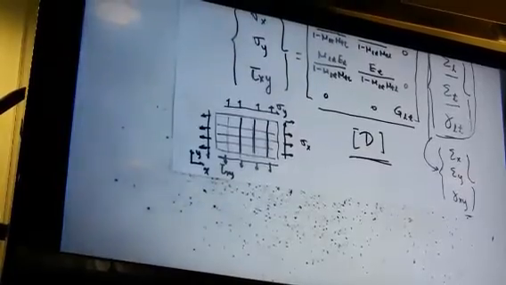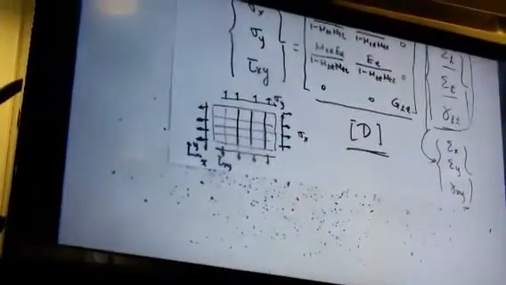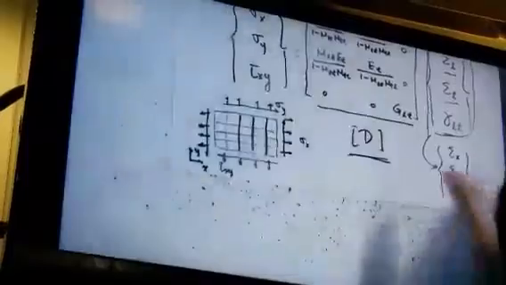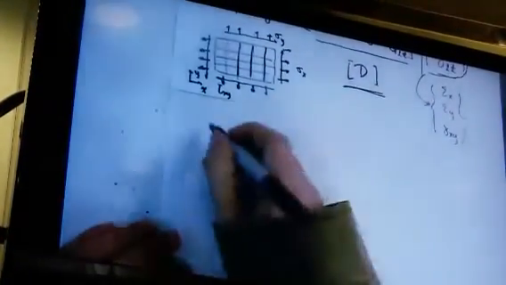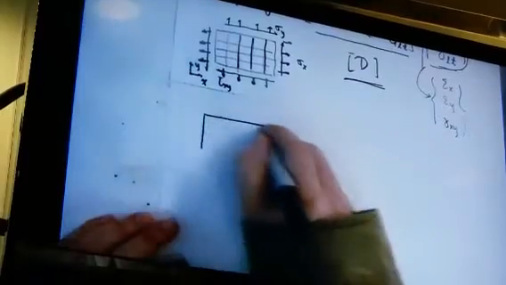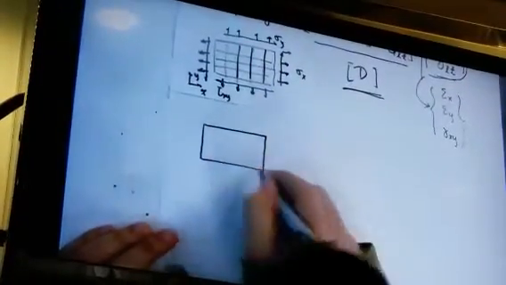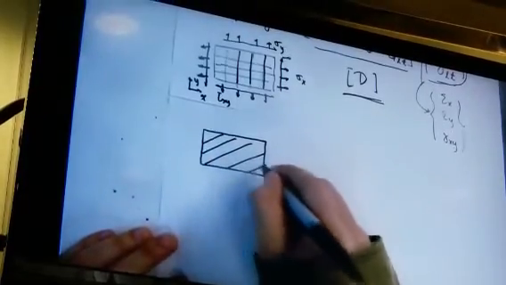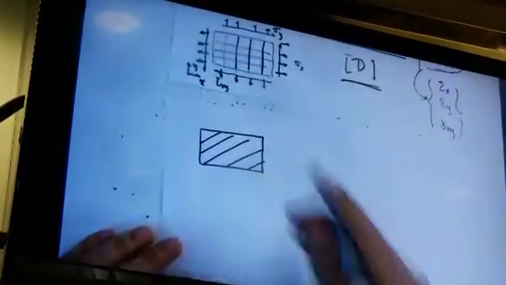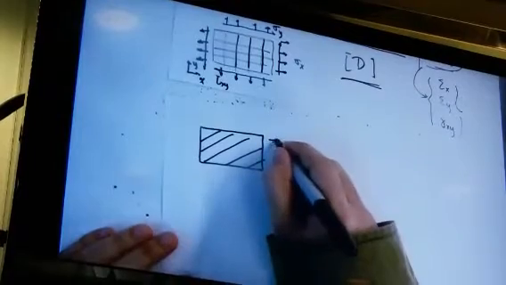And then today, we're going to have some equations for the generally orthotropic composites. Another composite, but this time the filaments are not along the sigma x and sigma y direction.